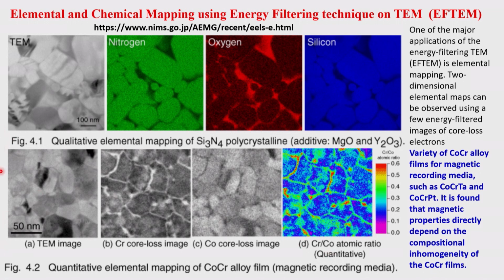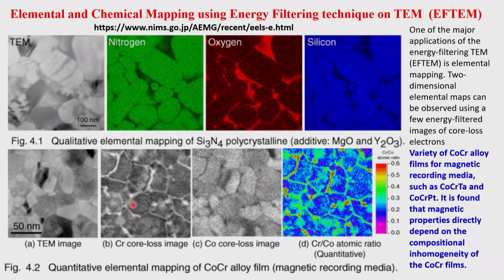Now here you can see the CrCo alloy at the 50 nanometer scale. This is the dimension given, and you have the particles, with the chromium in the core part. You can see the mapping for the chromium part and the cobalt part, and you can look at the ratio of cobalt to chromium. That is very important.